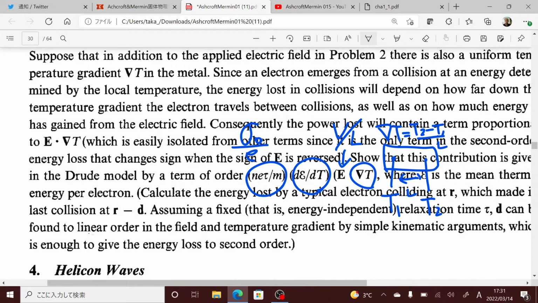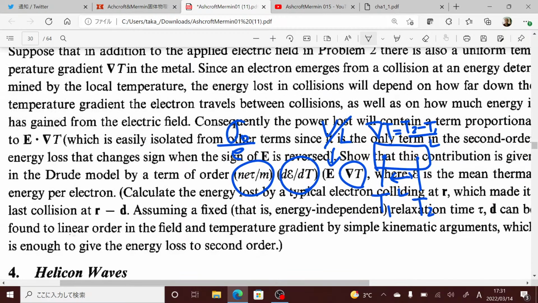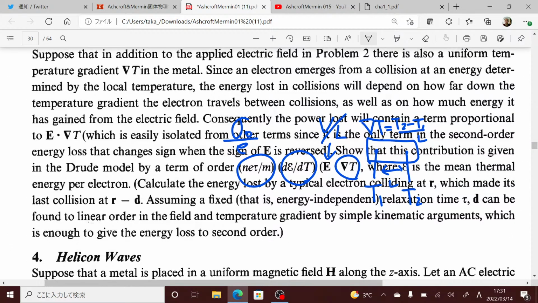So that this contribution is given... consequently the power lost will contain a term proportional to something which is easily isolated from other terms since it is the only term in the second order energy loss.